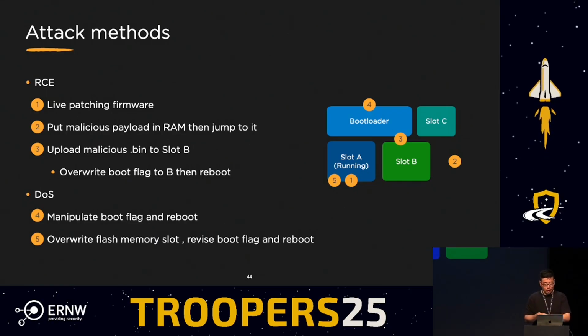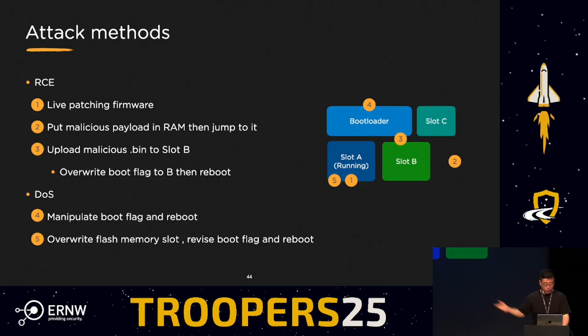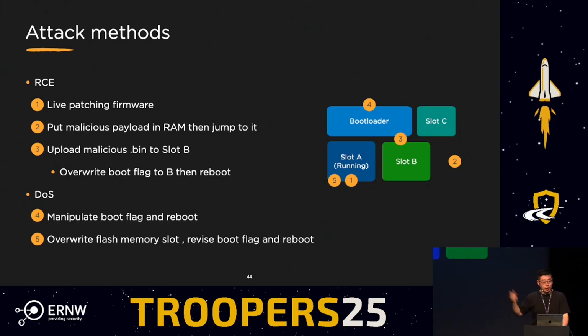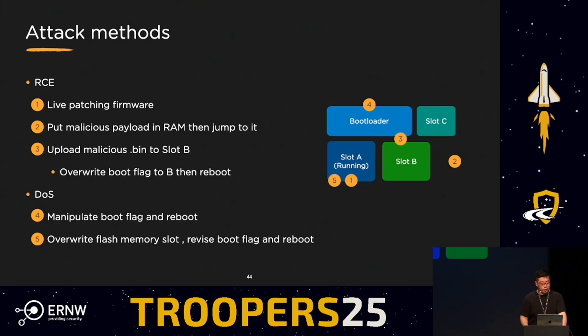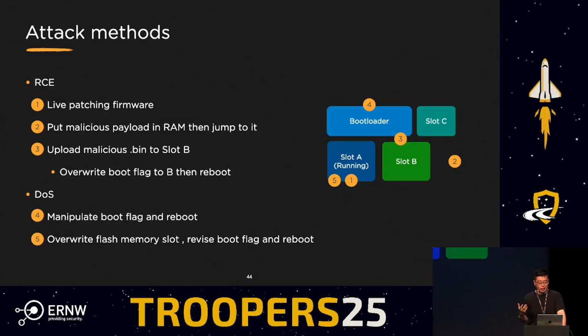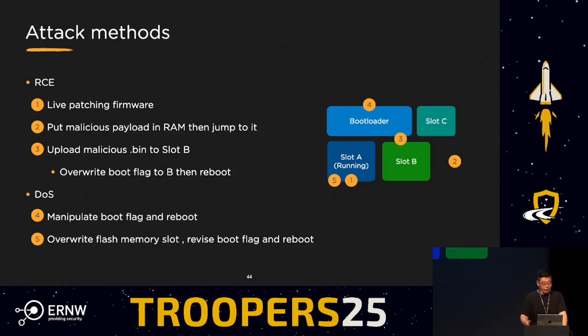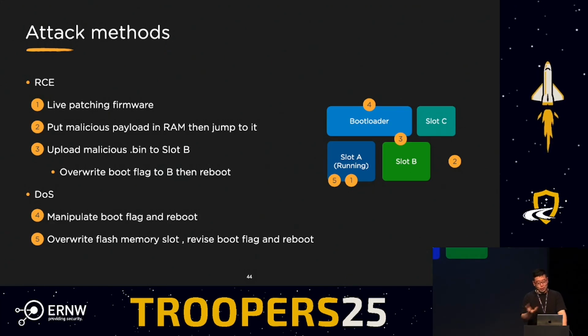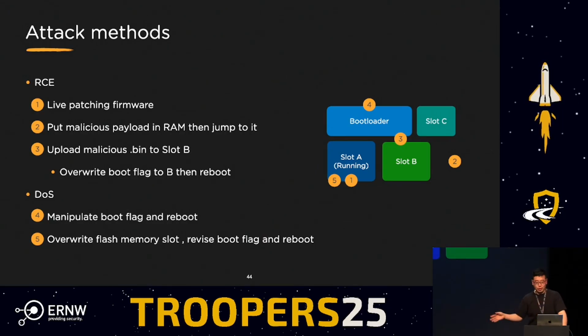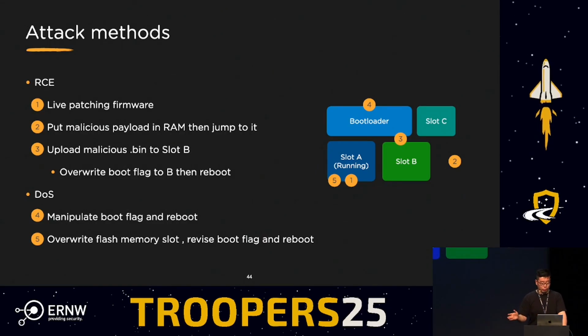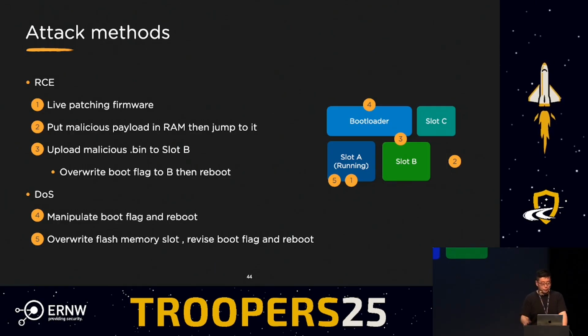And then I tried to attack with several different attack modes. The first, I would like to try live patching the firmware in slot A, and probably I can execute my code in slot A. The second might be putting the malicious payload in the RAM, probably in slot C, but I have to find a way to jump to the memories that I control, and then I can execute my code.